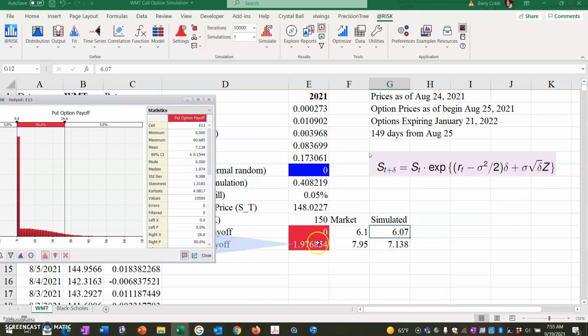Our simulated price for the put option is a little bit low, and one reason is because there's some volatility in Walmart, and so there may be early exercise availability with the put option. In other words, if before January 21st the price gets low enough, an investor may want to go ahead and exercise it early, and so this early exercise feature has some value.